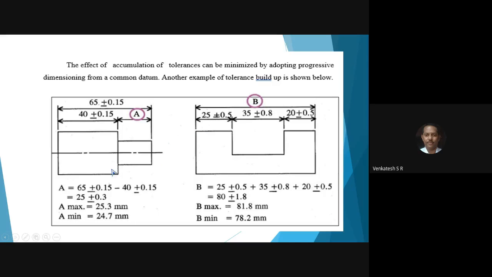So in the interview, they ask you the same thing, if you go to foreign companies that manufacture components. So this is very, very important for mechanical engineers, the tolerance and limits.